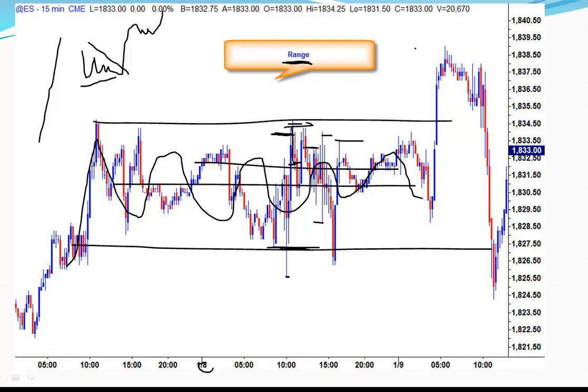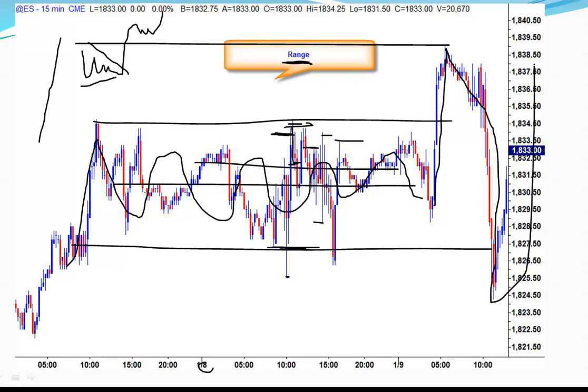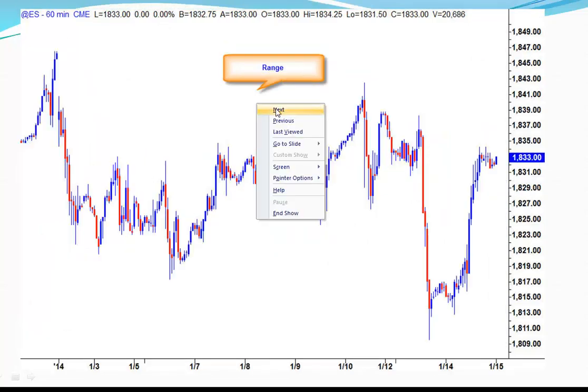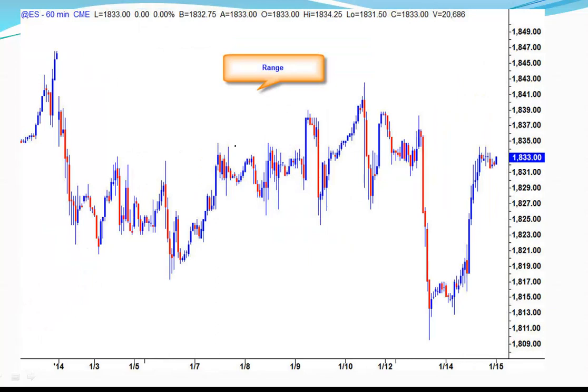Now, this actually was part of a larger range up here, and you can see the market gave a nice shot to the upside, made it feel like it's going to the moon, and whoever bought it got stuck all the way back down, and whoever sold them got stuck on the way back up. So that's something to always pay attention to, what we call a trading range.